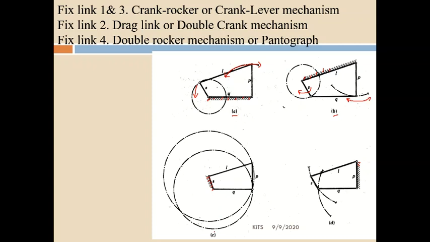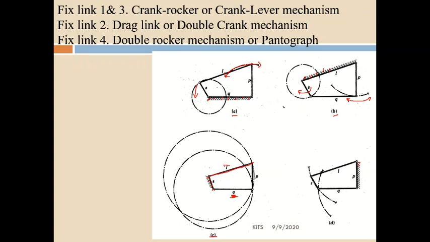But in case C, connecting rod L will behave as a crank. Earlier in case A, Q is a fixed link, but now Q is not the fixed link. In case C, S is the fixed link. So there is no lever.